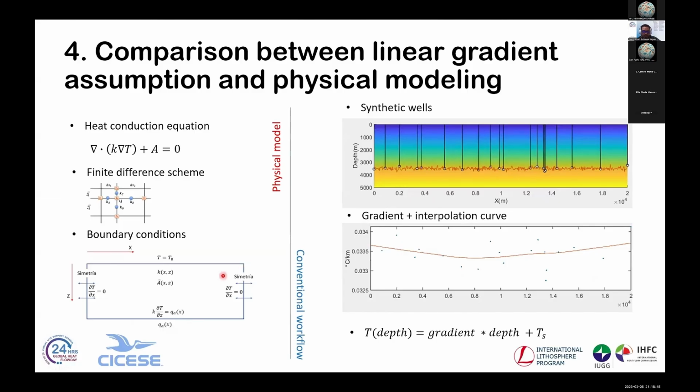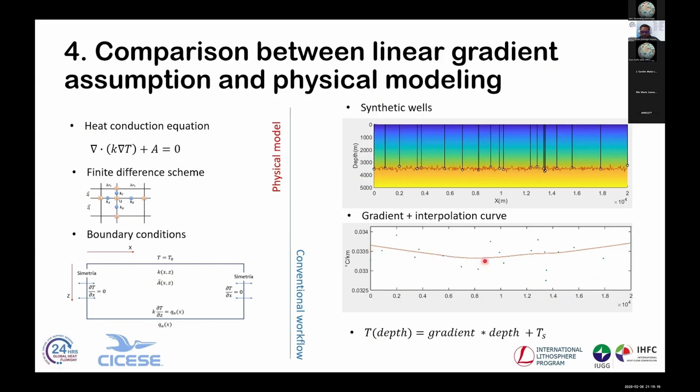After calculating temperature, we resample the same profile at different depths and calculate the temperature gradients. Using the gradients from these kinds of synthetic wells, we interpolated a curve of geothermal gradients, which in a 3D case should be compared with a geothermal gradient map.